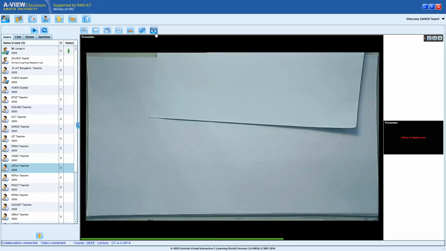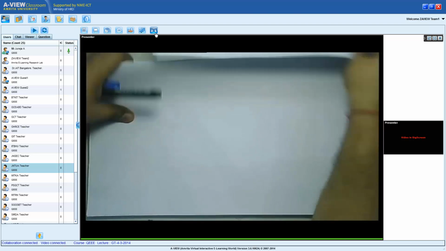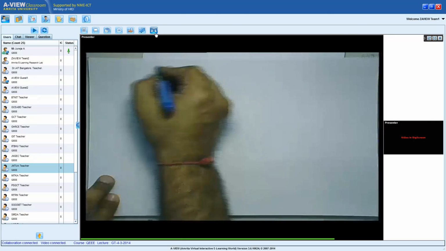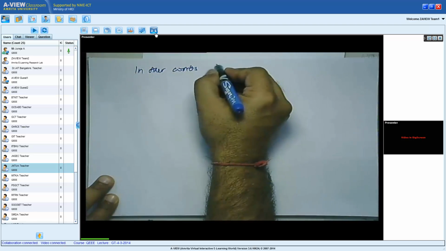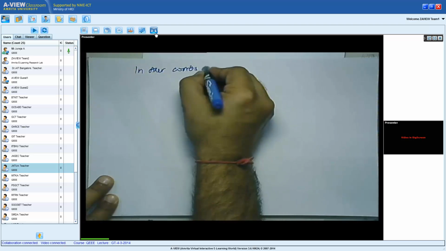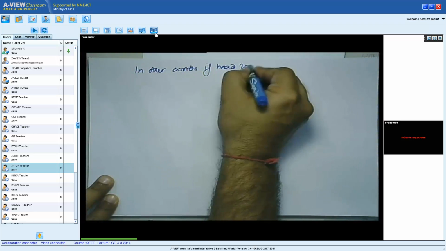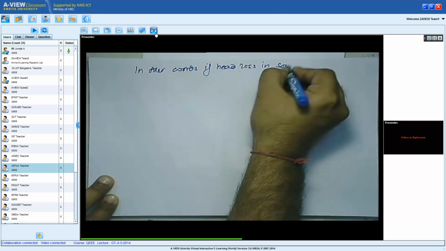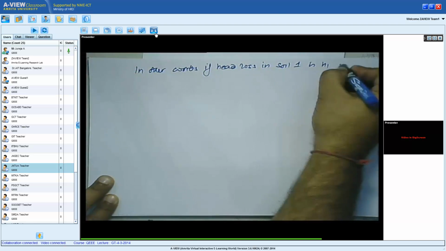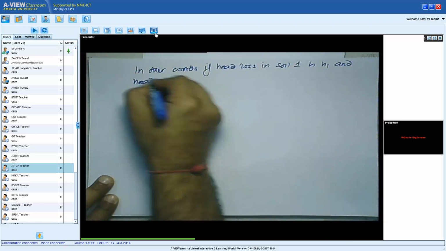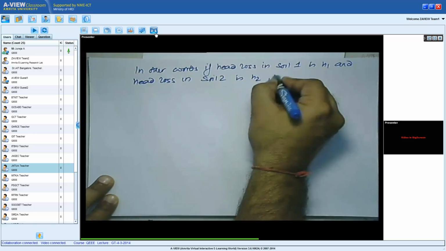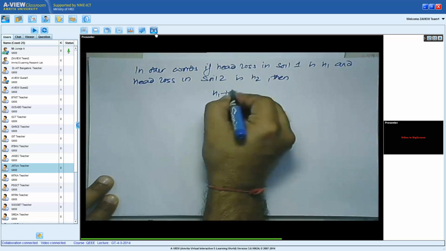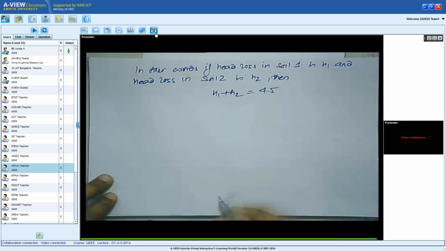In other words, if head loss in soil 1 is H1 and head loss in soil 2 is H2, then H1 plus H2 equals 4.5. Let me call this equation 1.